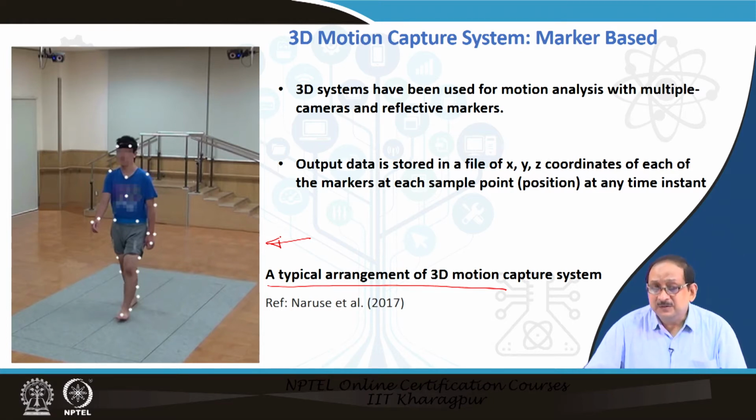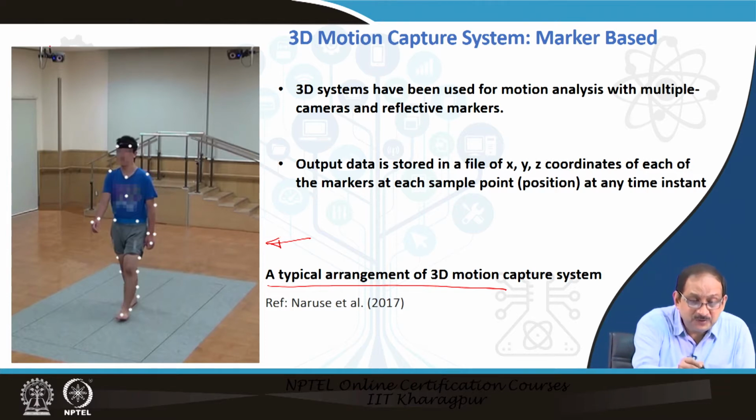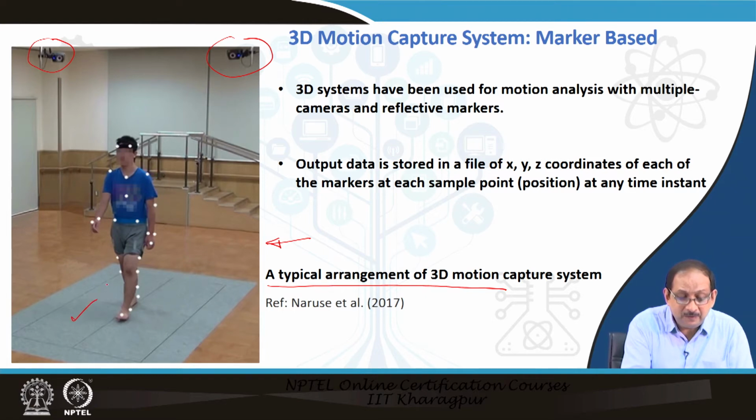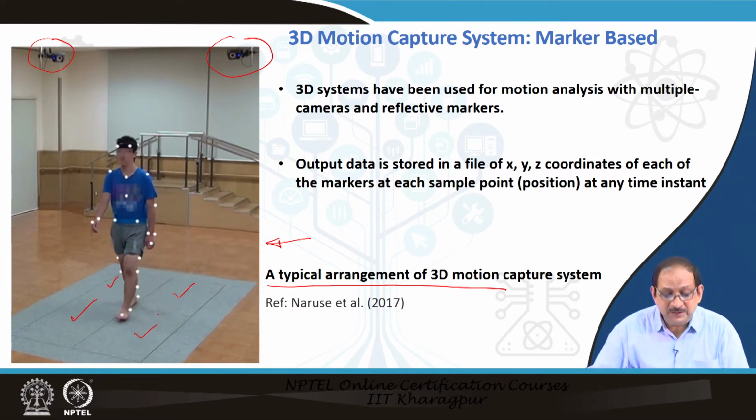The 3D motion capture system consists of multiple cameras and reflective markers, as can be seen in the figure. It actually comprises of 10 cameras mounted from the ceiling, only 2 are visible here, and 4 force plates placed in the middle of the walkway.